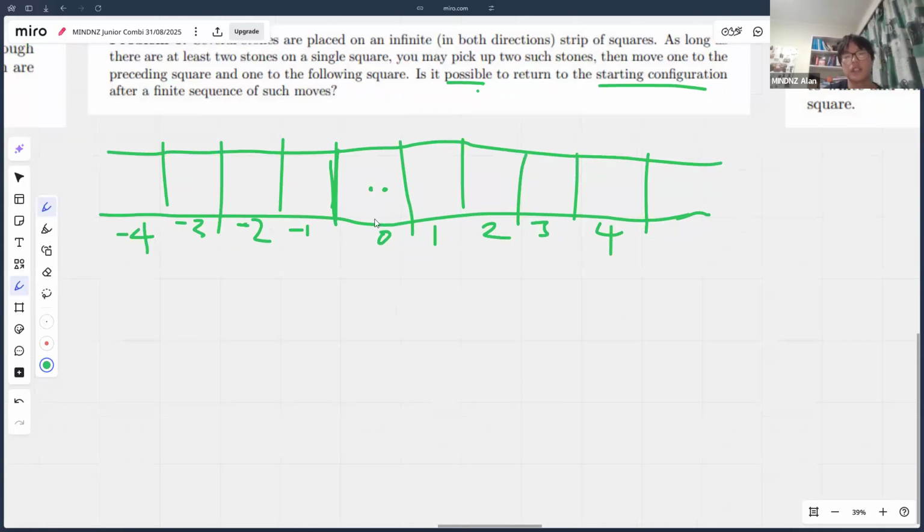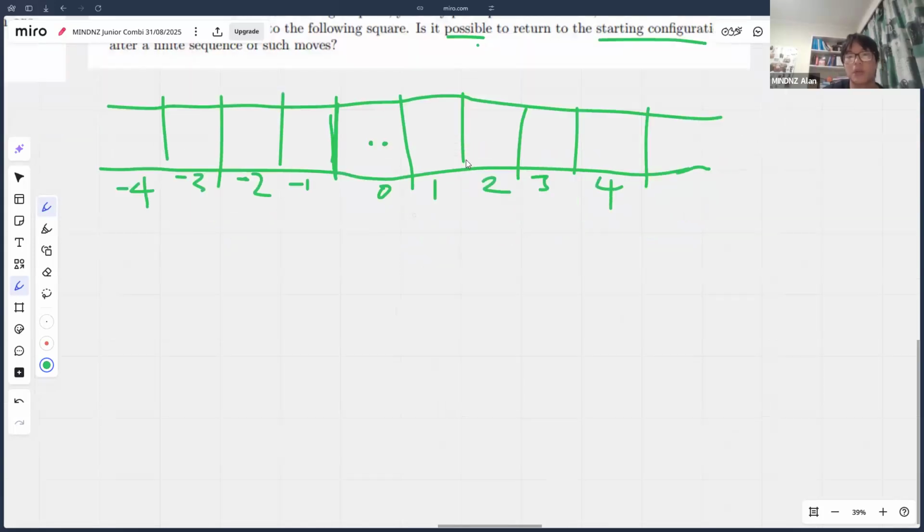So after each move, let's say we start at square t, right? One stone moves from t to t minus 1, and one stone moves from t to t plus 1.